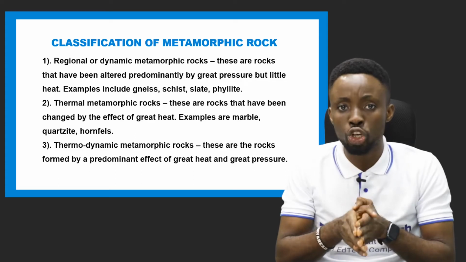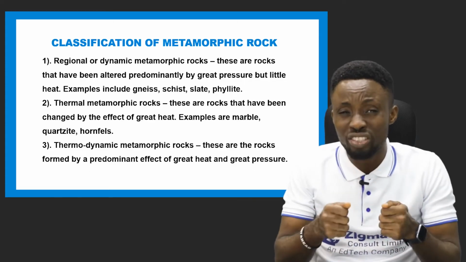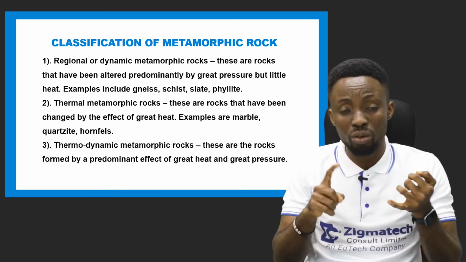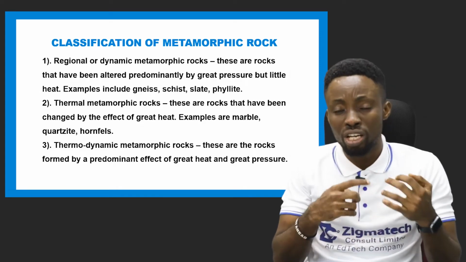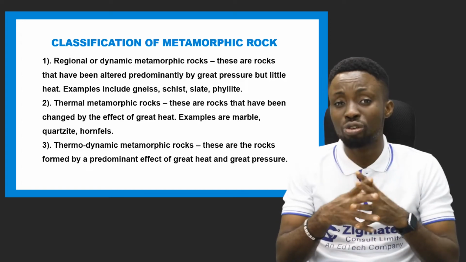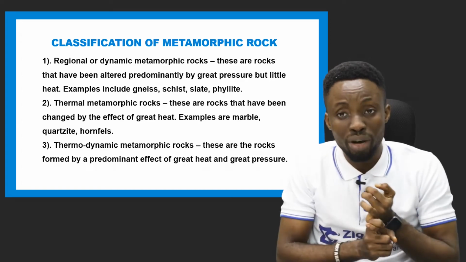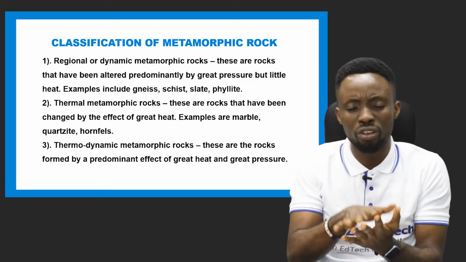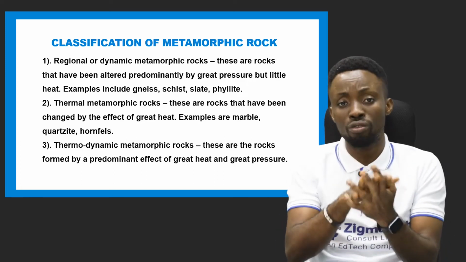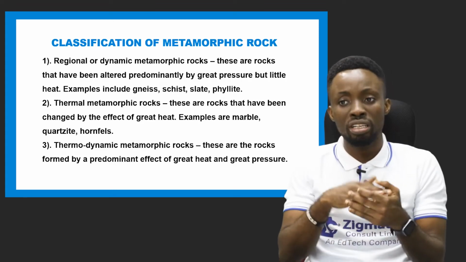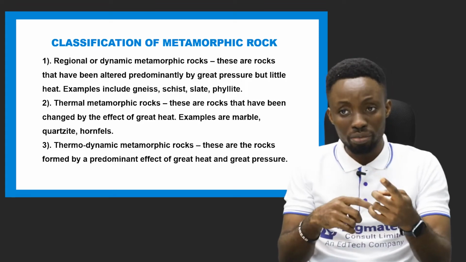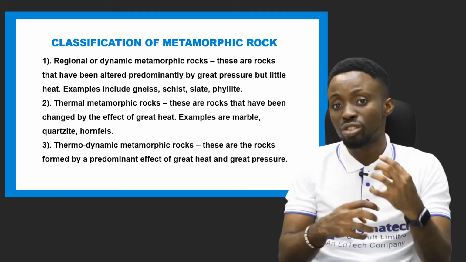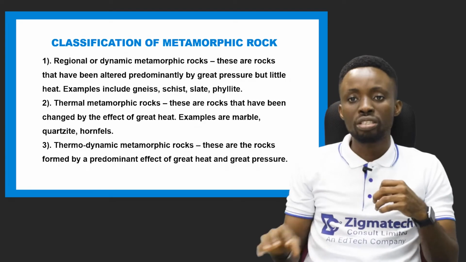An example of such type of rock that is caused as a result of intense pressure is gneiss, we have schist, and we have slate. Then the ones that are actually caused by intense action of heat, we have examples like marble, like quartzite and hornfels. Then a type of metamorphic rock that is caused by both heat and pressure is like quartzite. We have it as a type of rock that is caused by this feature.